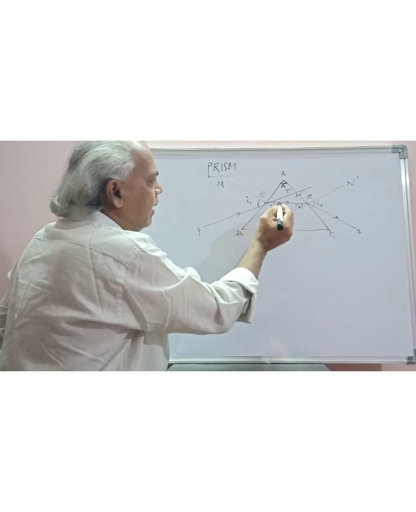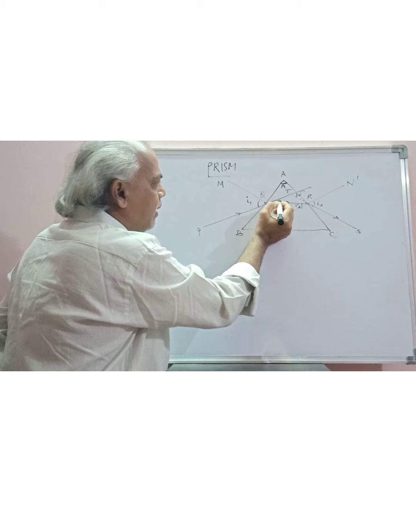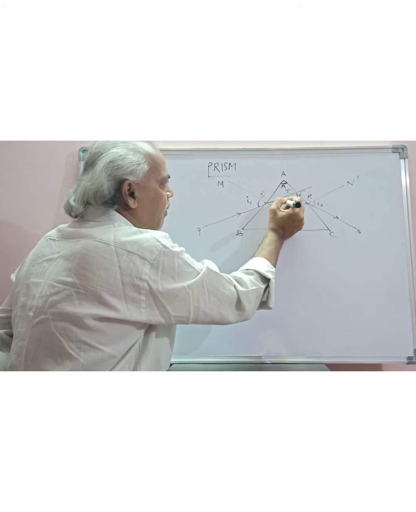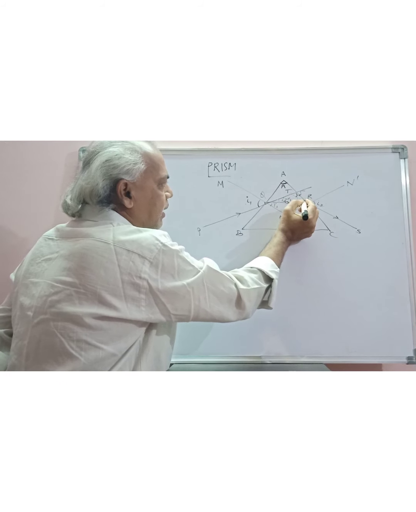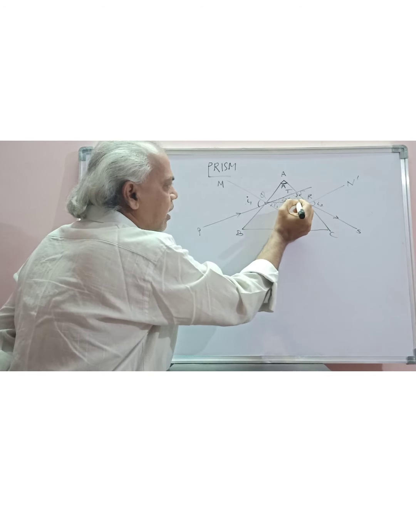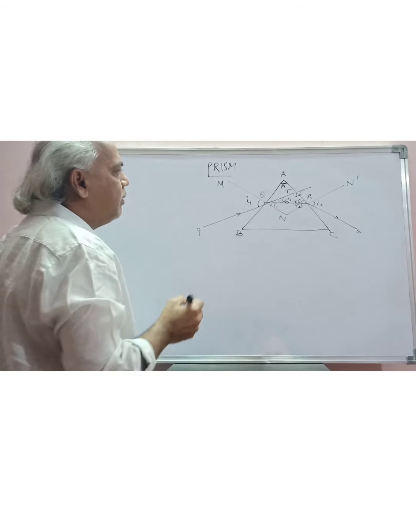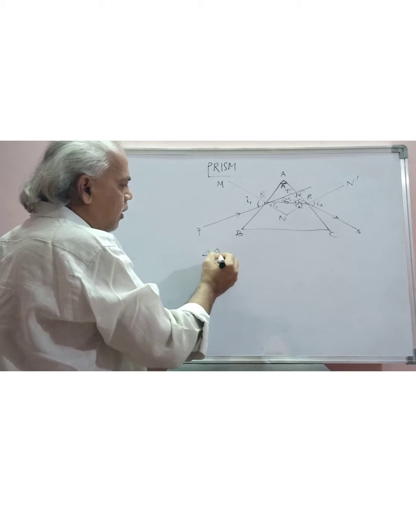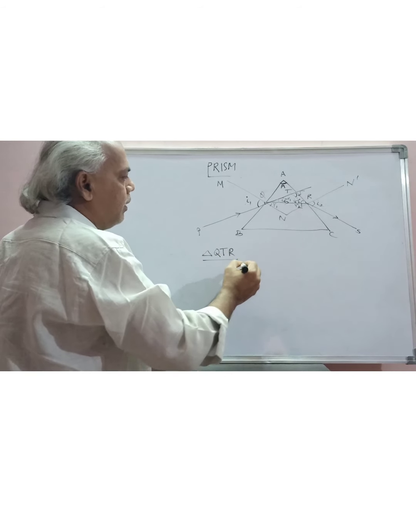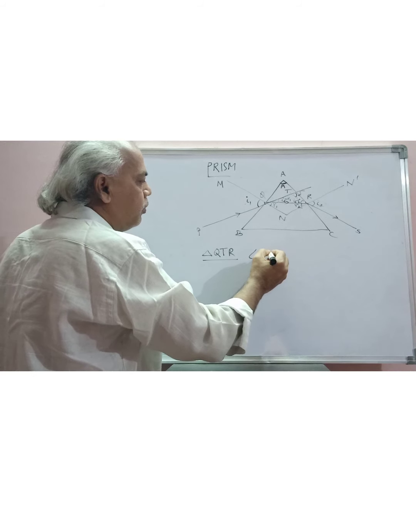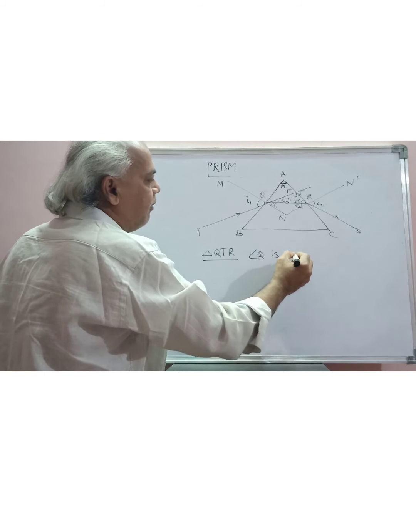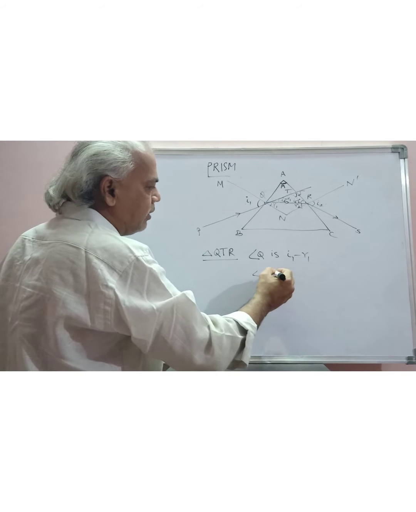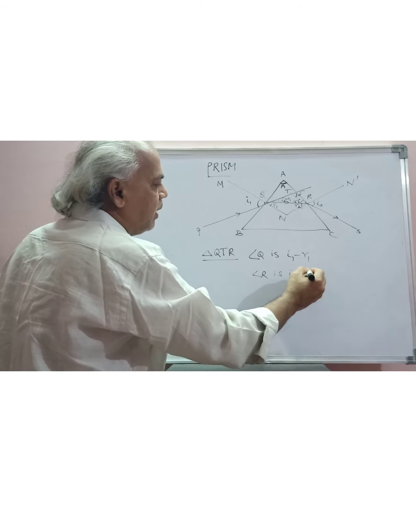In triangle QTR, the angle at Q is I1 minus R1, and the angle at R is I2 minus R2.